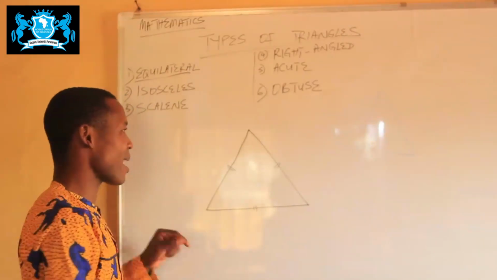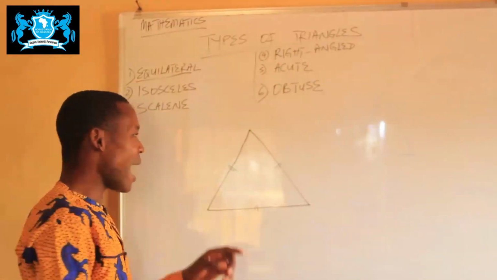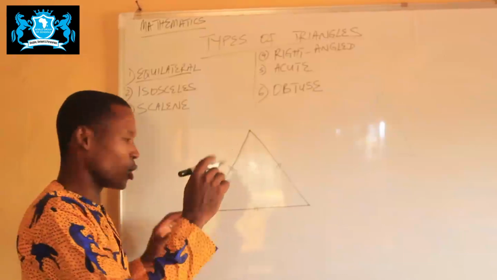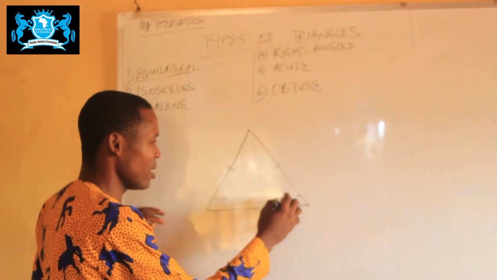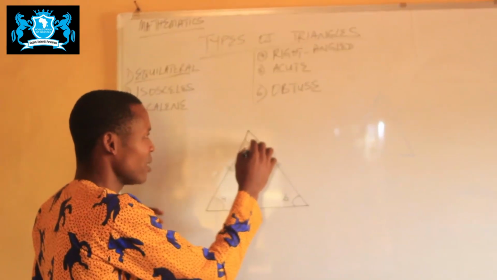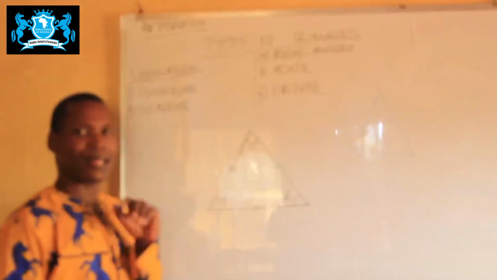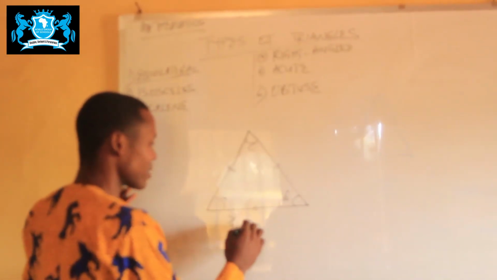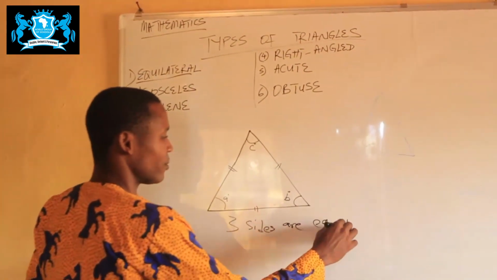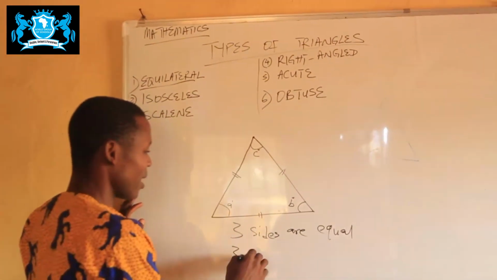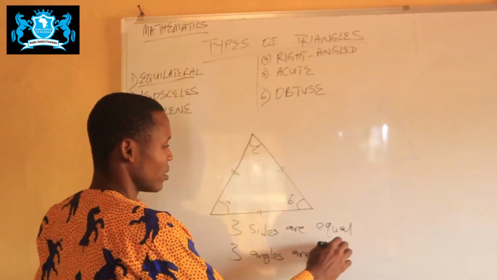So in an equilateral triangle, the 3 sides are equal, and the 3 angles, angle A, angle B, and angle C, all of them are equal. So in an equilateral triangle, we mean that the 3 sides are equal and the 3 angles are equal.